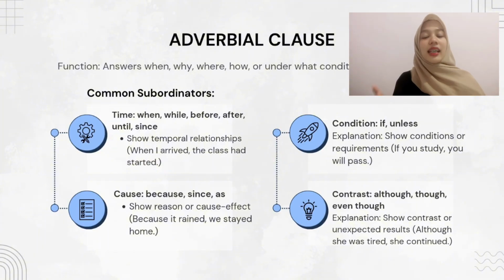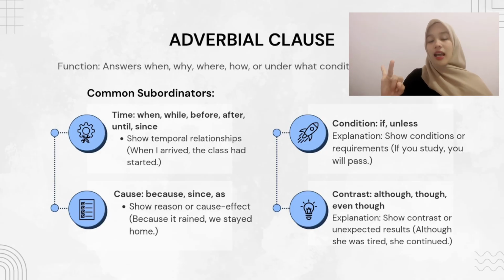And the second is cause, such as because, since, and as. It shows reason or cause and effect. For example, because it rained, we stayed home. Okay, and the next is condition, like if and unless.